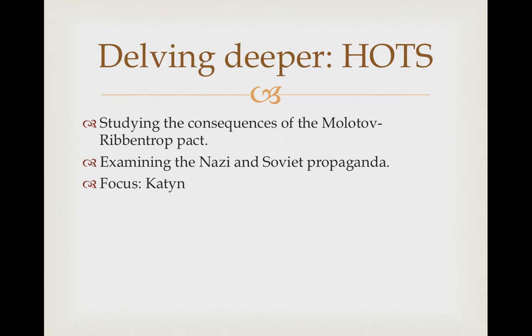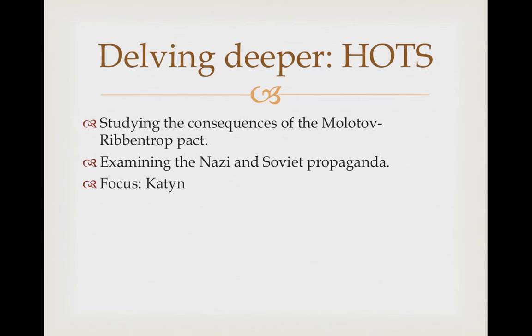And the material to which they can apply these higher order thinking skills could be, for example, the Molotov-Ribbentrop Treaty, as it gave the world a shock. It paved the way for the invasion of Poland, and it was a clear example of the cynical approach of these totalitarian regimes when it came to foreign policy.